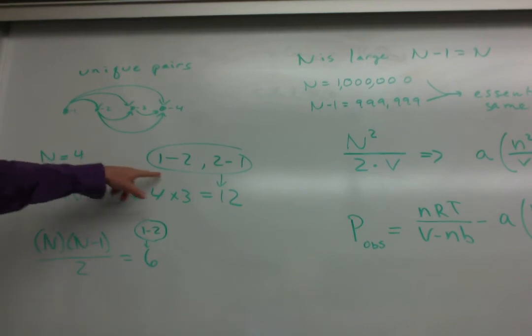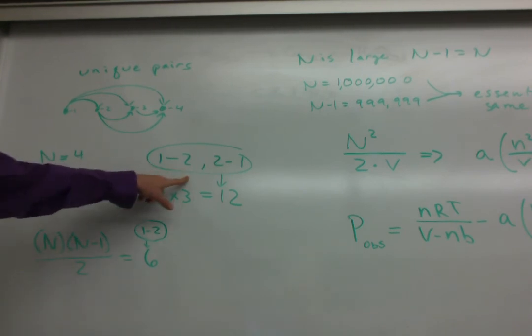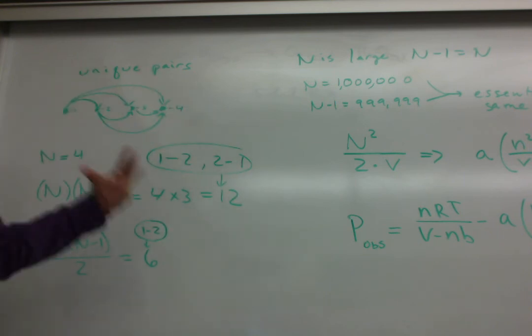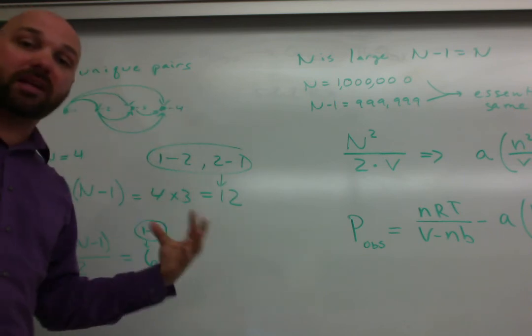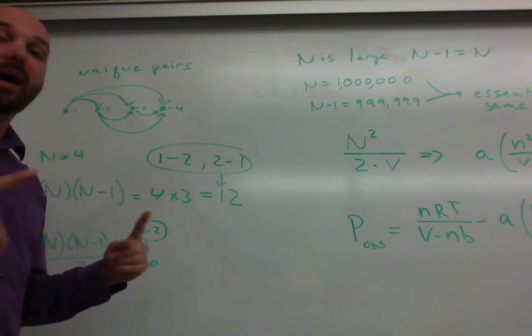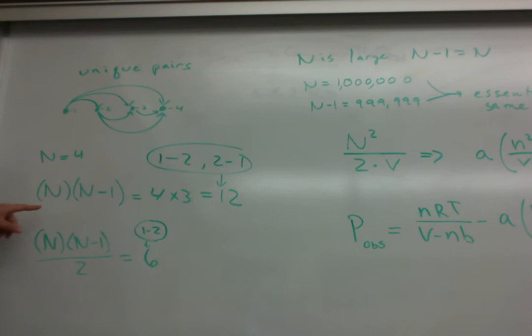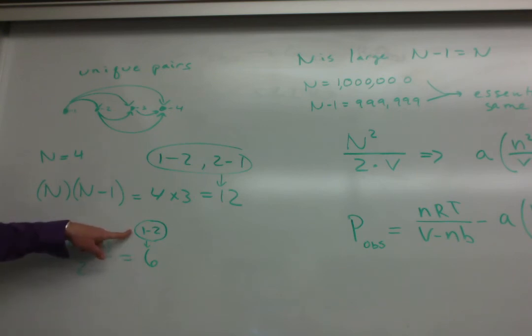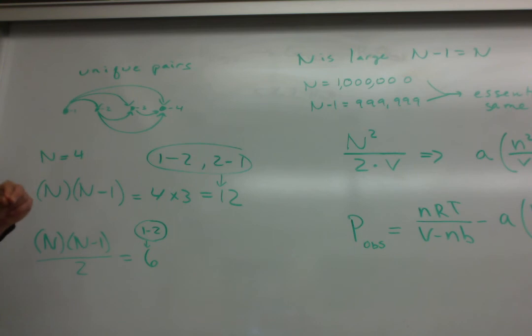Only here, 1 and 2 is counted as 2 and 1. 1 and 2 and 2 and 1 are the same combination of particles. That means that we need to reduce by half. So if we do n times n minus 1 divided by 2, that'll give us 6, counting 1 and 2 as the only combination.